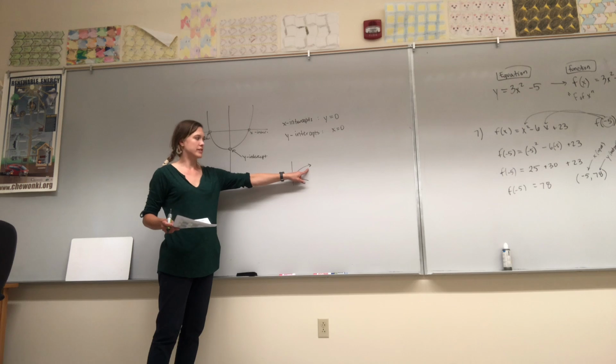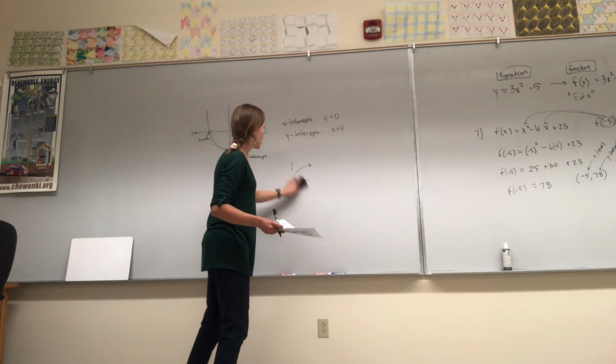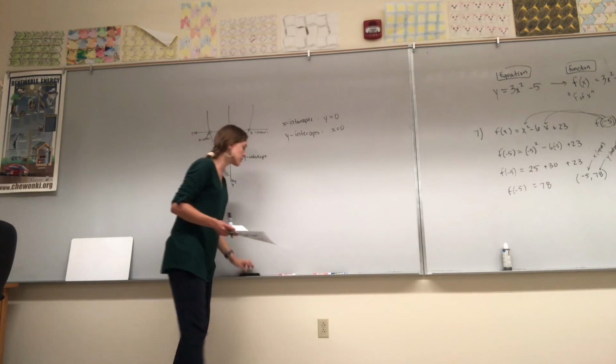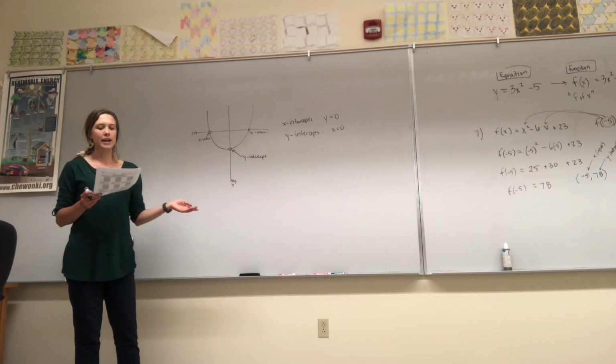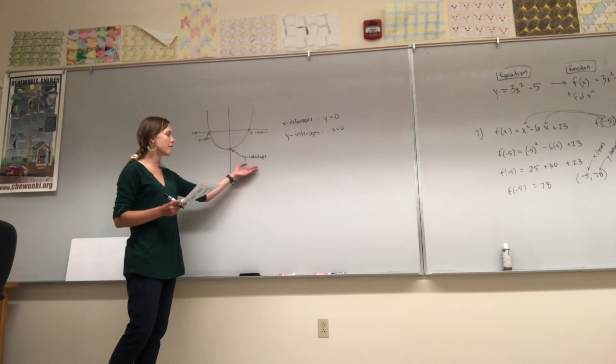But this has no intercepts. So a function follows those basic graphing rules: at most one Y-intercept, or 0 or more X-intercepts. I won't ever have more than one Y.